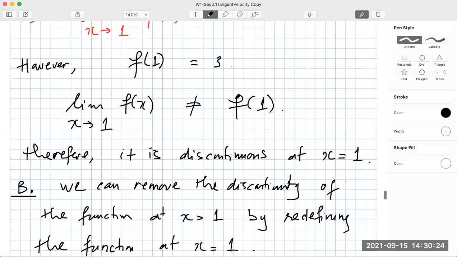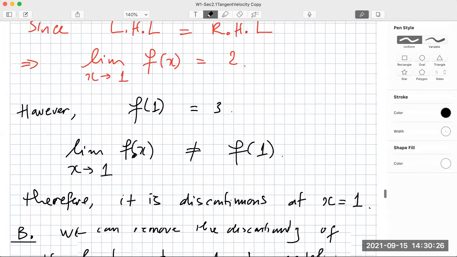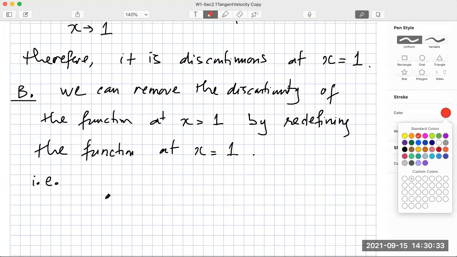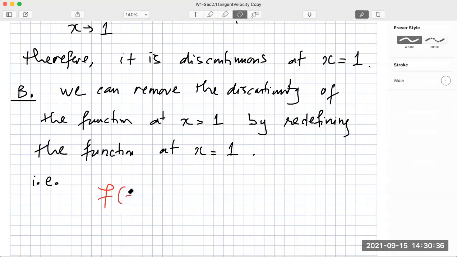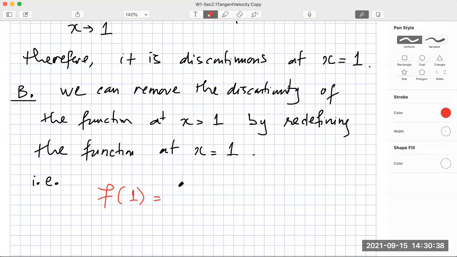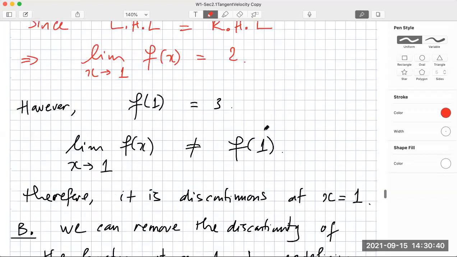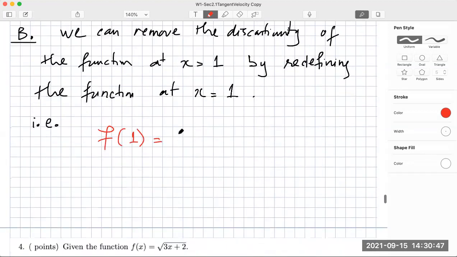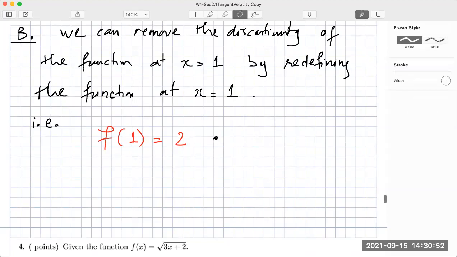And in order to satisfy the third condition, in other words, we should define f of 1 as, what is it? Thank you. Then if we define f of 1 is equal to 2, then it is the limit of the function when x approaches 1, right?